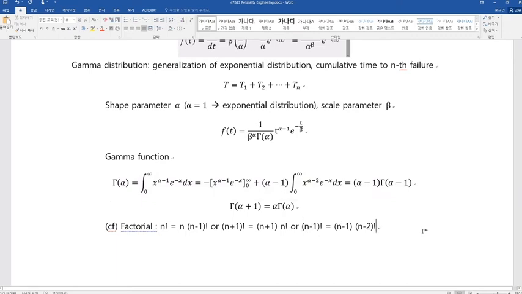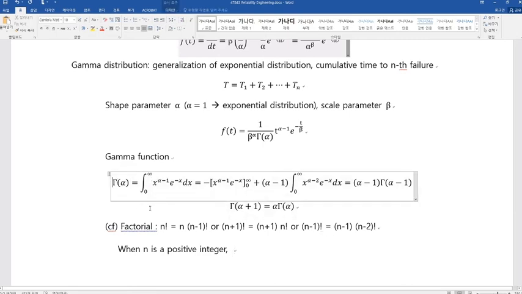So what it tells us is that when n is a positive integer, then to see what the gamma function is, if you look at this factorial function, n minus 1 factorial equals n minus 1 times n minus 2 factorial.